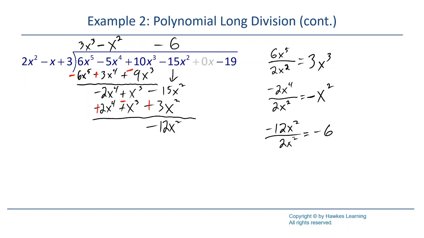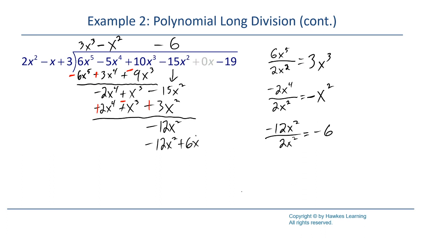And technically you could write it above the term that you're going by just to keep things straight. You don't have to, because this is going to end up being a polynomial. Because technically what you could say is it goes into the x cubed part 0 times because there was no x cubed.